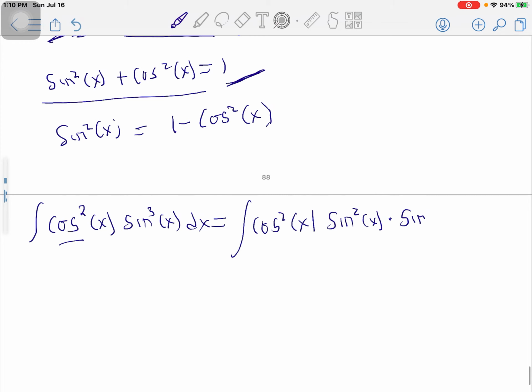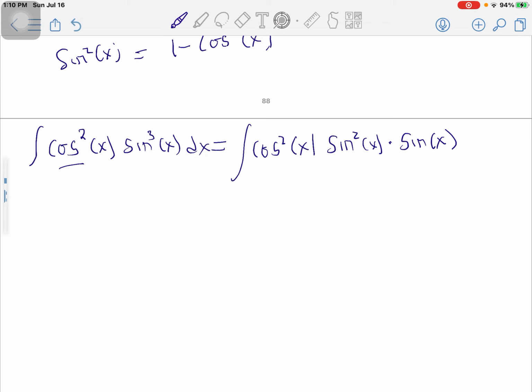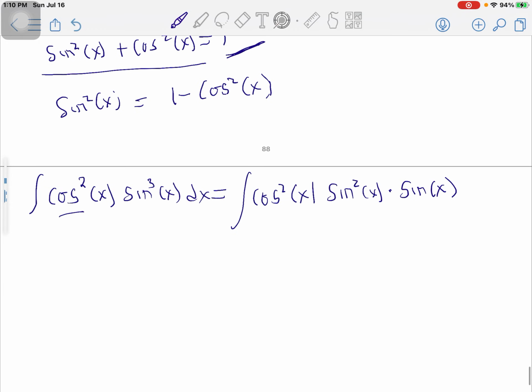We are going to get sine to the power 2 of x multiplied by an additional sine of x. With this additional sine of x, we can make use of our trigonometric identity over here.